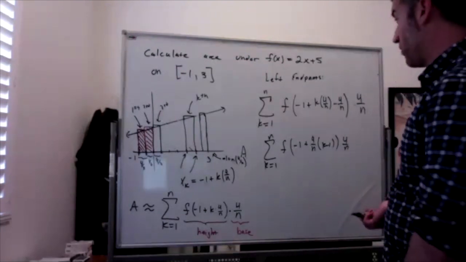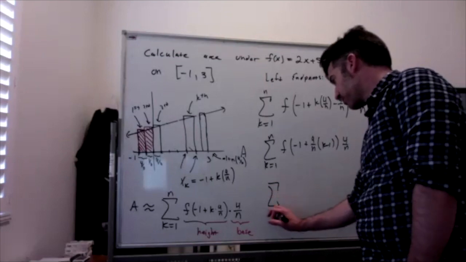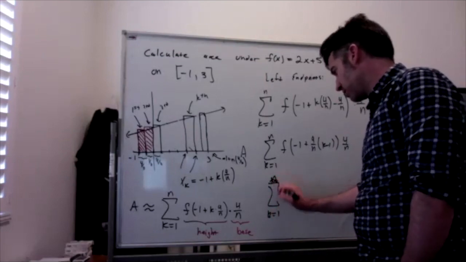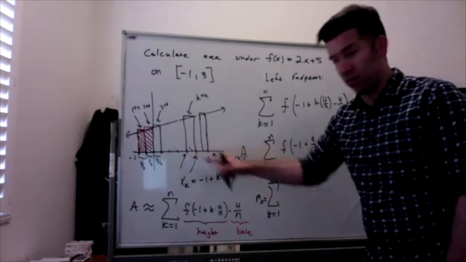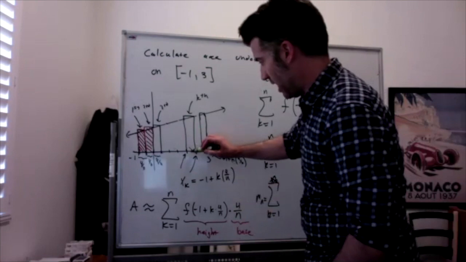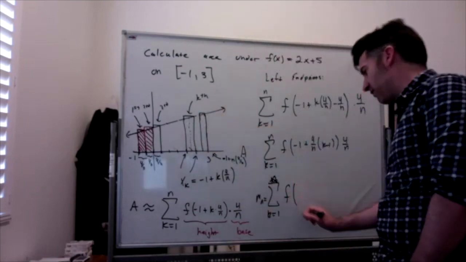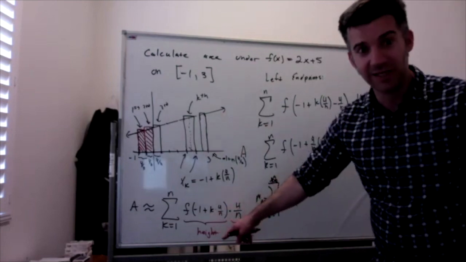Or if you want to do midpoints, that's even worse, because for midpoints you would have to average these two points and plug that in. So it would be f of the average of this and this, which is really terrible.